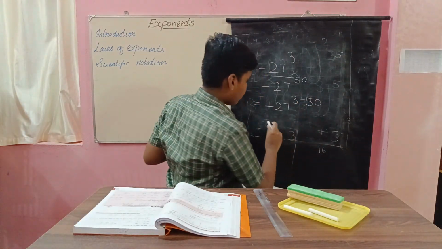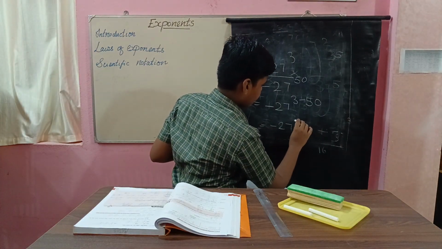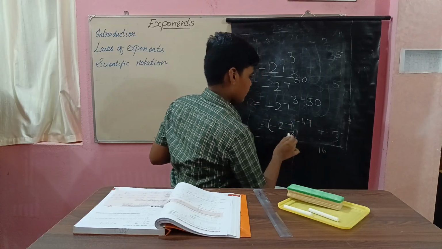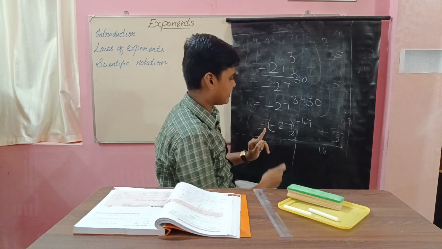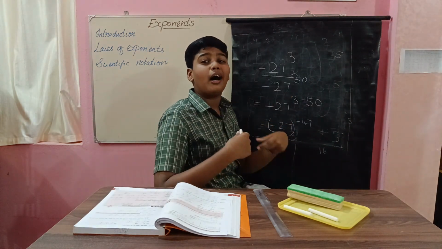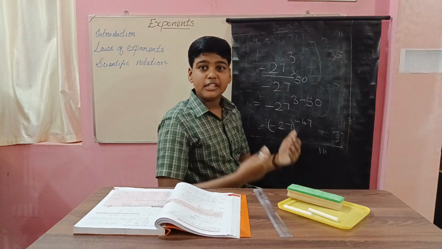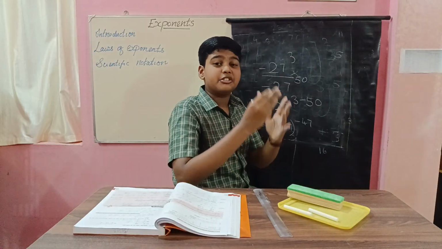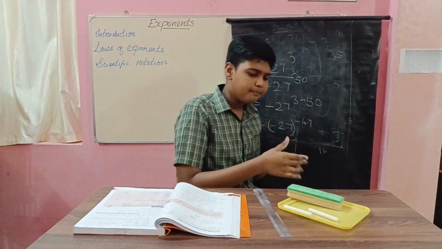Integer method, okay? It's equal to minus 27 to the power of minus 47. So whenever there is subtraction here, or a minus here and a plus here, use brackets in order to avoid confusion. So use brackets not to create confusion or irritation, just to make the sum easier, simpler. Okay.